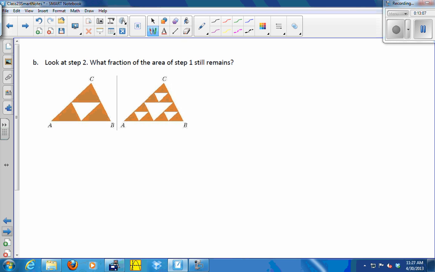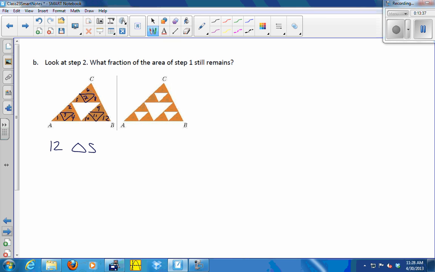All right, what about when I go from step 1 to step 2? 3/4 again, because I threw away 1/4 of every existing triangle. I kept 3/4. I could demonstrate it by saying, okay, right now in step 1, I have 1, 2, 3, 4, 5, 6, 7, 8, 9, 10, 11, 12 triangles total.